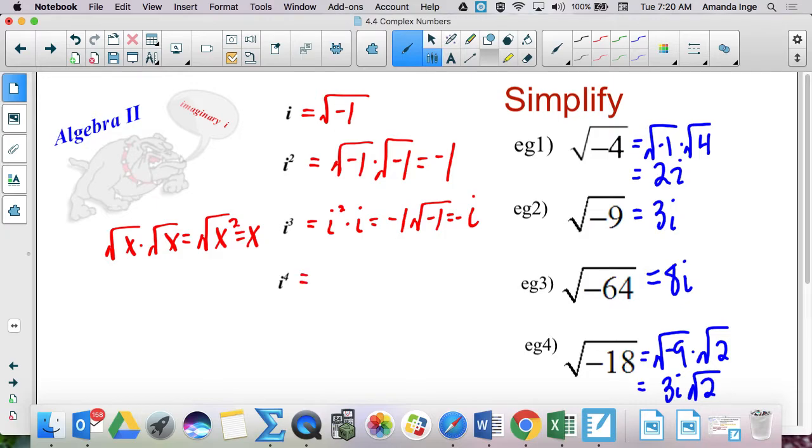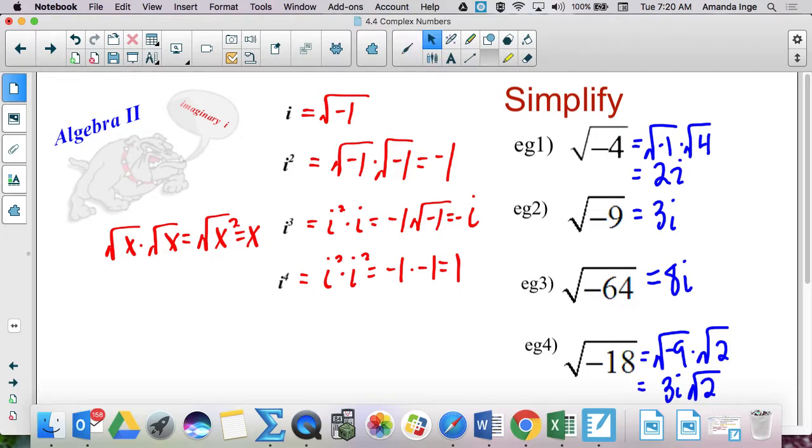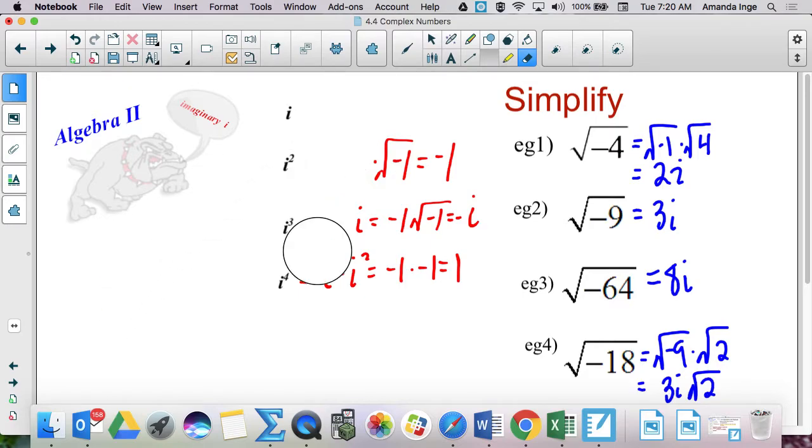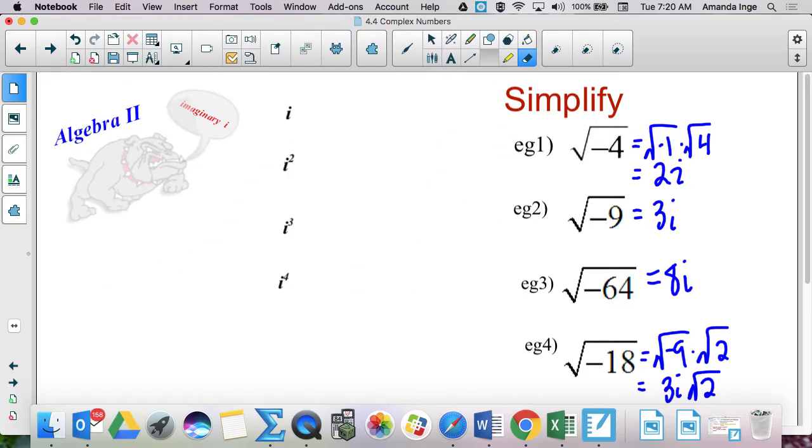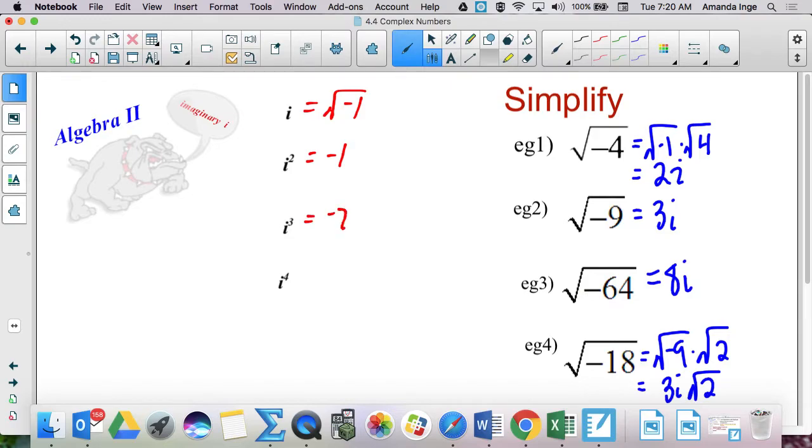And then i to the fourth would be i squared times i squared, which would be equal to -1 times -1, or +1. So an important part about complex numbers is for you to remember that i is equal to the square root of -1, that i squared is equal to -1, that i cubed is equal to -i, and i to the fourth is equal to 1.